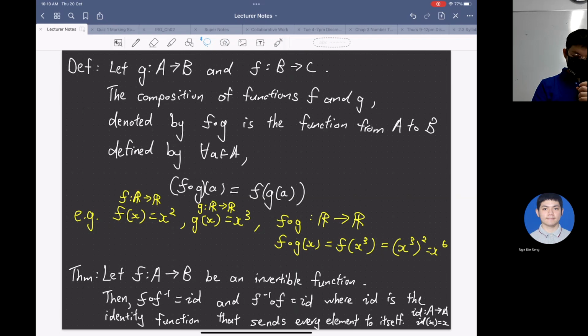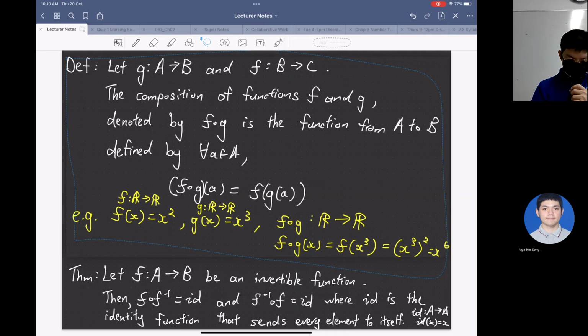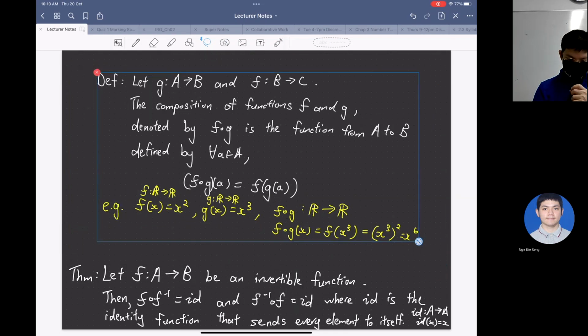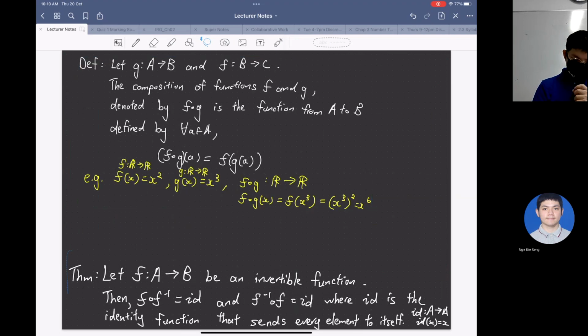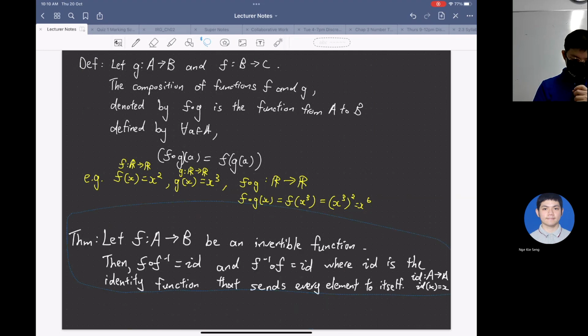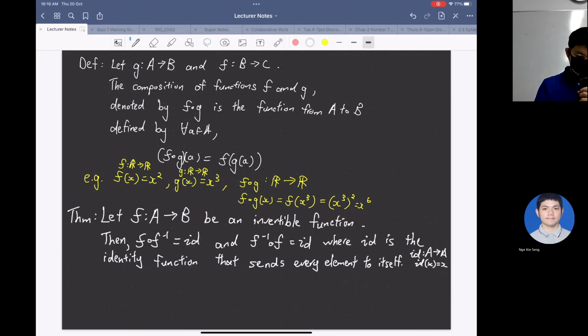So how to check, for example, just now we found the inverse for g. Let's put it out here. So g(x) equals x cubed, and g inverse(x) equals the cube root of x.